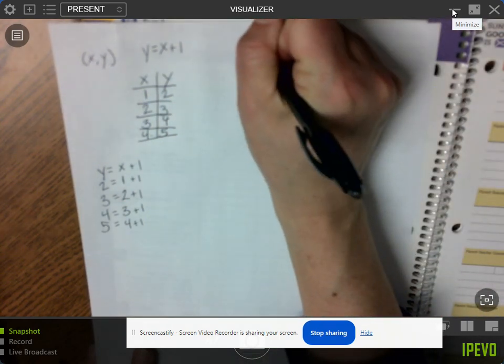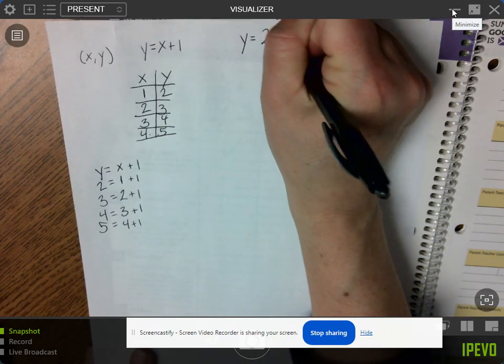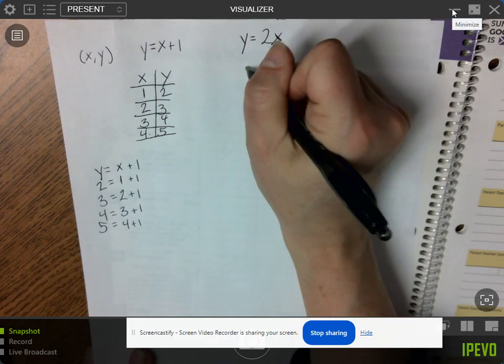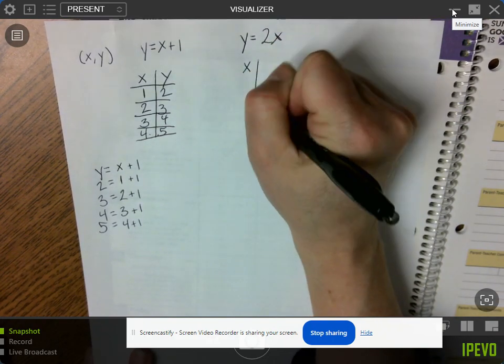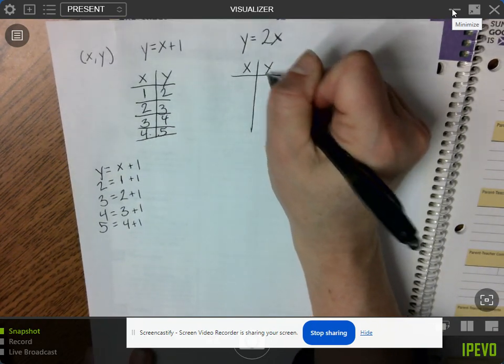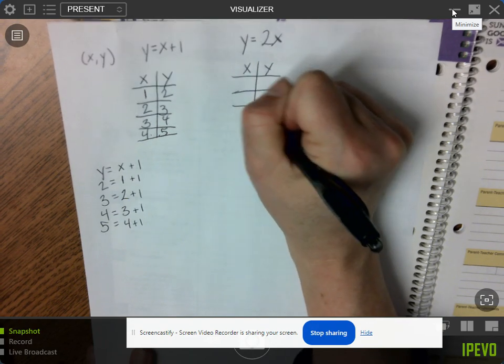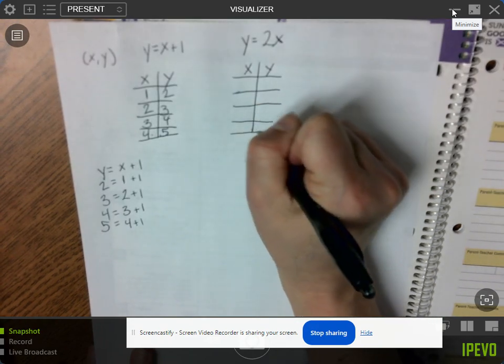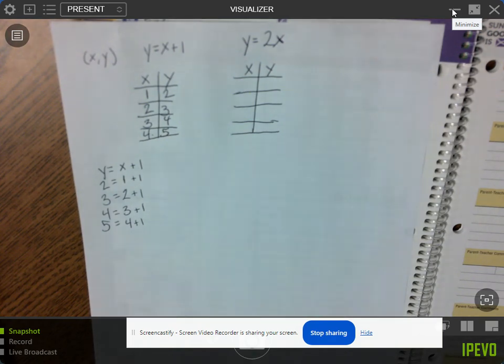Y equals 2X. So first thing I do is I make my table. And I put my 4 spots because I need to have 4 inputs and outputs.